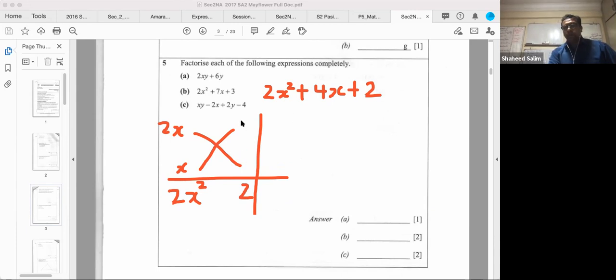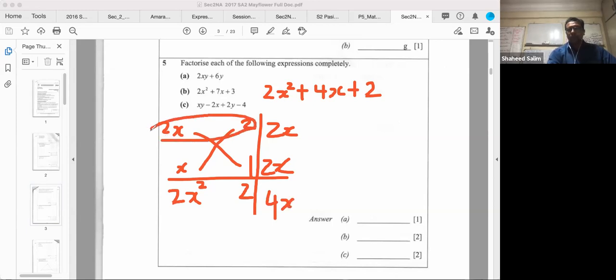So I put 2, 1. 2x times x, 2x squared. 2x times 1, 2. X times 2, 2x. Now you get 4x. So it's 2x plus 2, and then x plus 1.